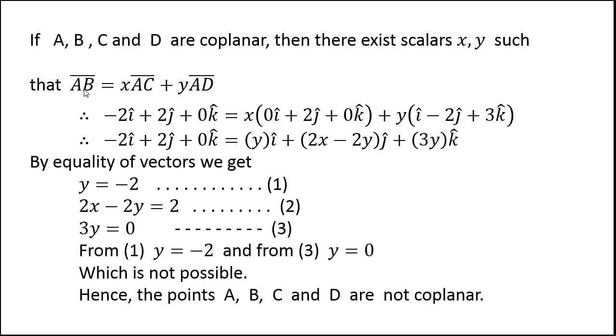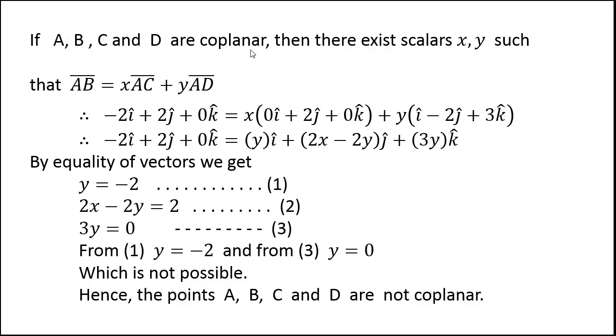We know 3 vectors are coplanar. If 3 vectors AB bar, AC bar, AD bar are coplanar, then each of them can be expressed as a linear combination of the other two.